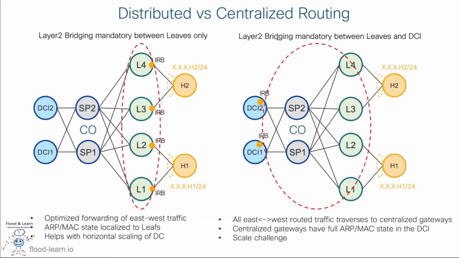This is the main difference between the distributed and the centralized gateway. And now we will be focusing on the use case on the left side, where we have a distributed anycast gateway.